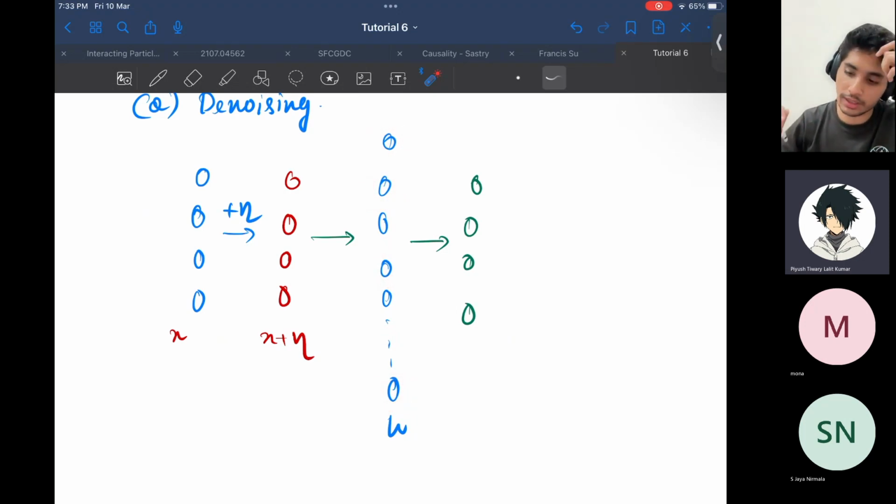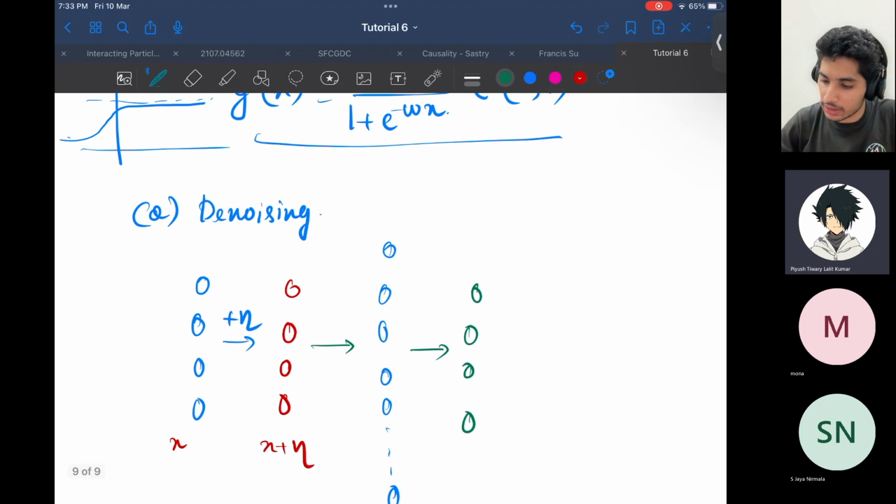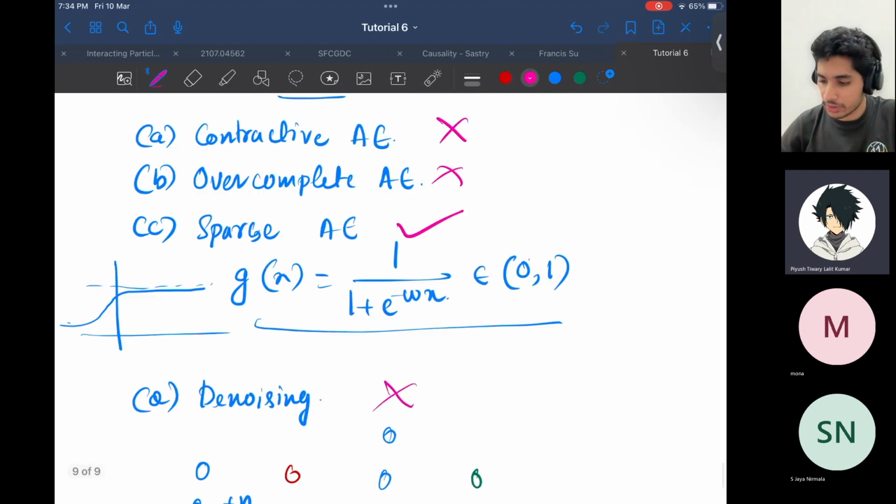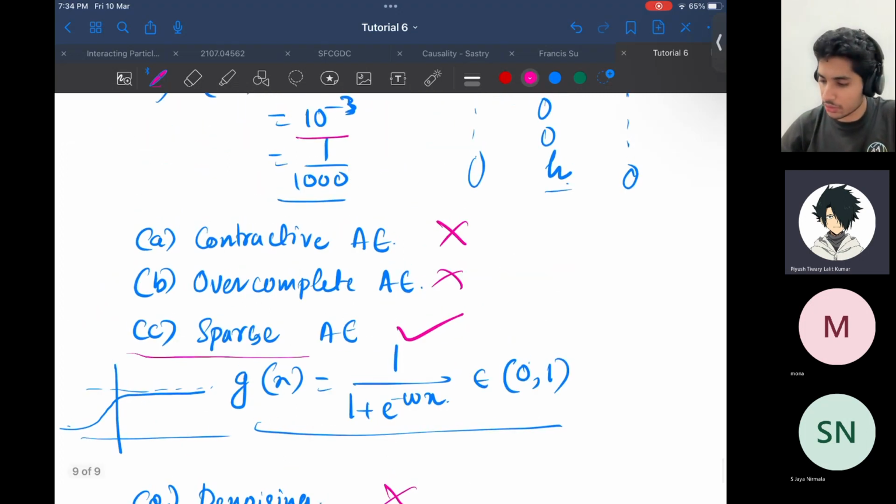It does not force your activations to be very small explicitly, right? So this is not a correct option. There is no restriction on denoising autoencoders to have smaller activations. That is all I'm saying. So this is also not correct. So sparse autoencoders is the only correct option.